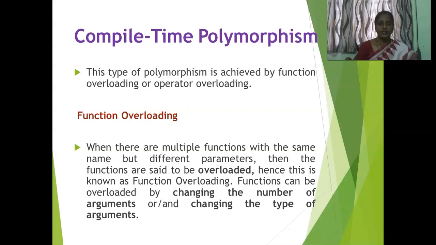Hence, it is called function overloading. A function can be overloaded by changing the number of arguments or the type of arguments. Function overloading means in a program we can have the same function name to perform different processes.